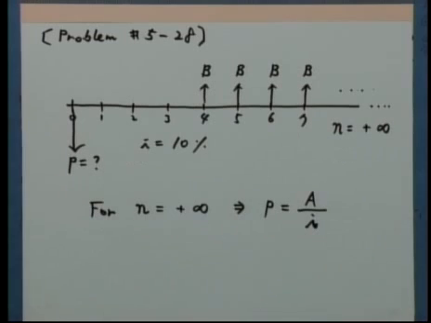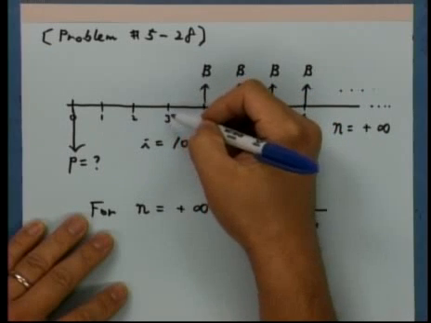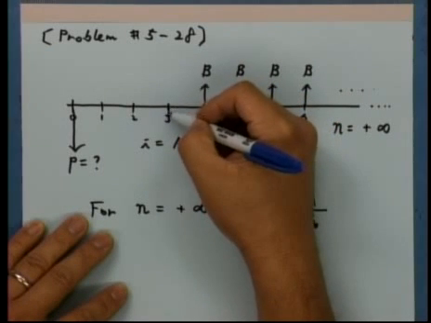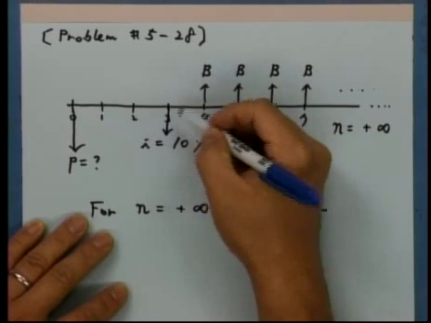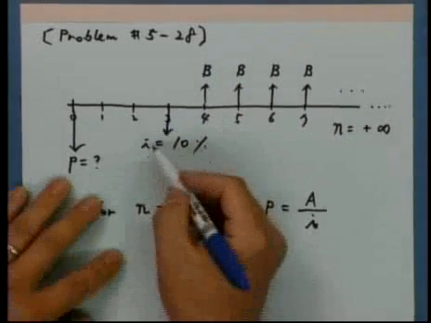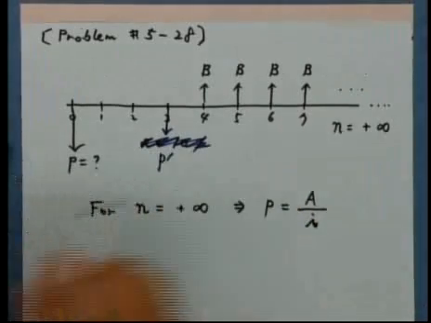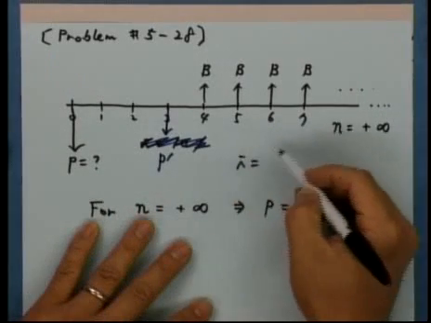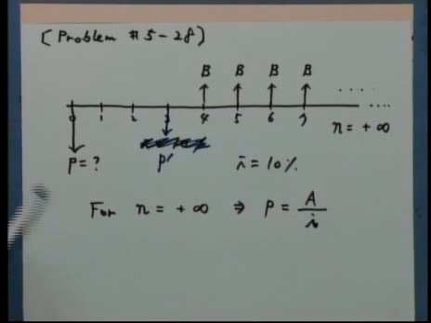And if I set P prime here, let's say if I set P prime at the end of period 3, let's say this is P prime, and interest rate is 10%, right?